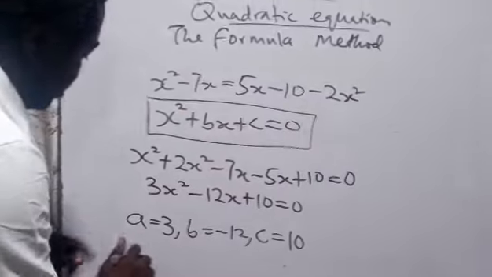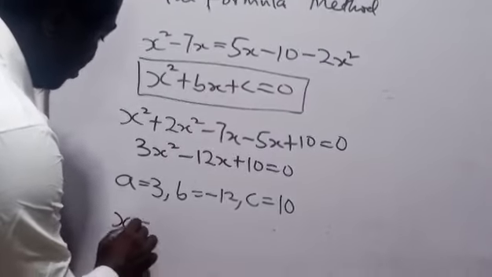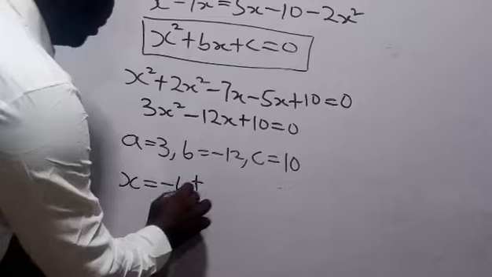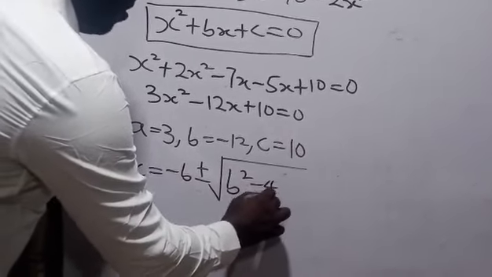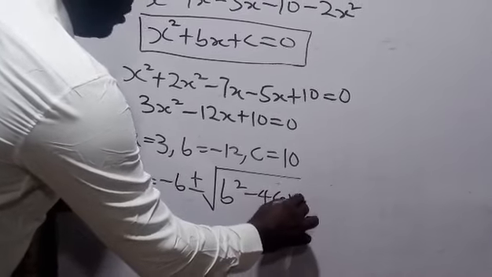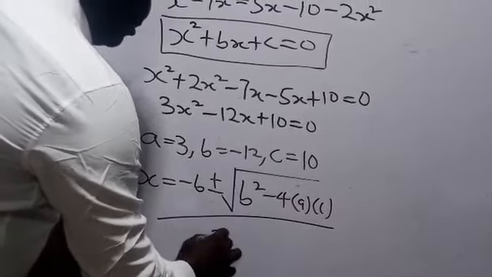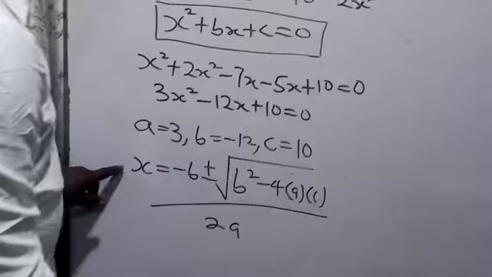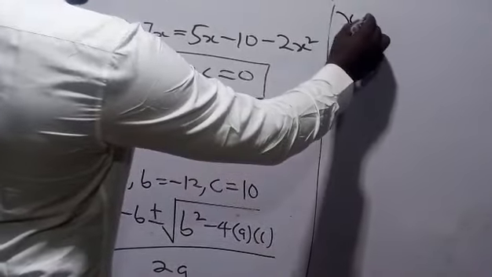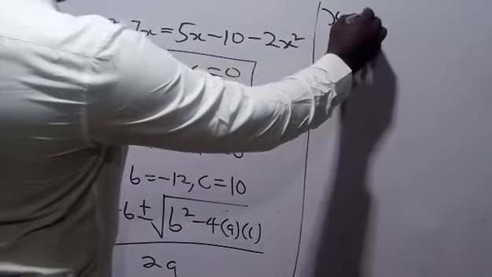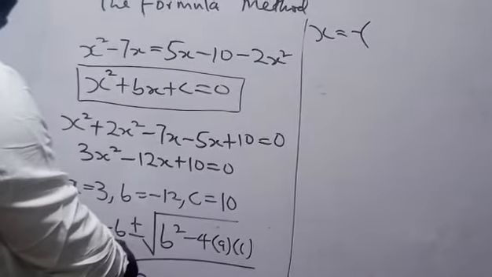Let's apply the quadratic formula method, in which our x will be equals to minus b plus or minus root of b squared minus 4 into a into c, all over 2a. Is that taken? So meaning that x is now equals to minus, what is the value of my b?